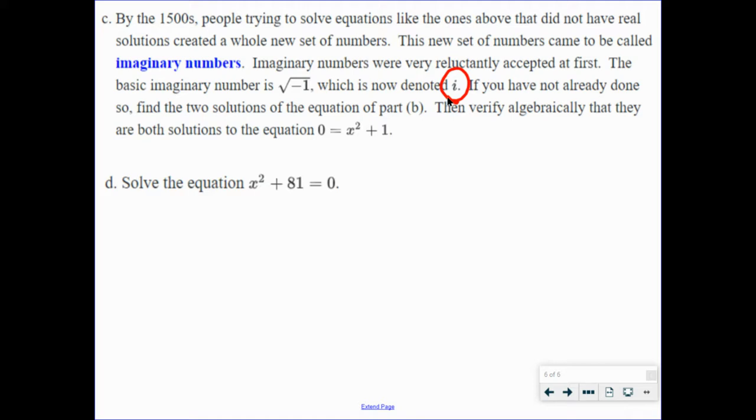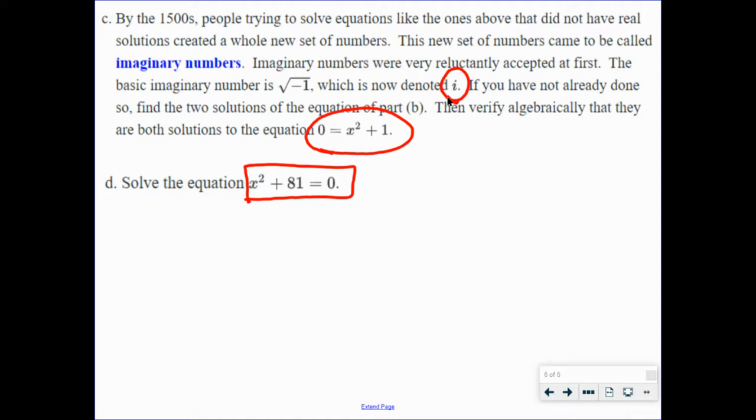So if you have not already done so, we found the solutions for this one in the original problem we just did. We are going to solve this one right now using our idea of imaginary numbers. All right, so pause the video here and give this one a try. All right, hopefully you got a chance to do that.